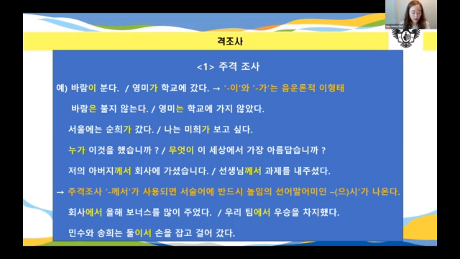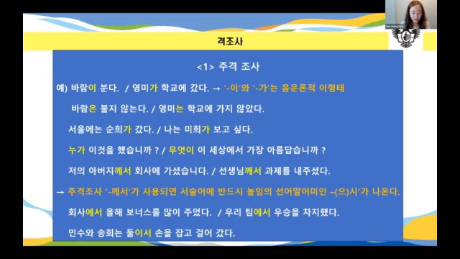Go up and look at the second example sentences. 바람은 불지 않는다. 영미는 학교에 가지 않았다. In this way, the subject of negative sentences is not expressed with 이 or 가, but is usually expressed using the auxiliary particles such as 은 and 는, 바람은, 영미는.